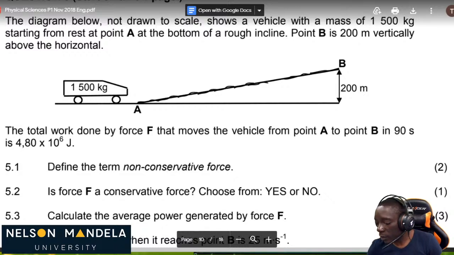So we'll say the total work done plus the work done by friction plus the work done against the weight of the object in moving from point A to point B, which we can call WG, the work done on the mass in lifting it up to a height of 200 meters, should be equal to the change in kinetic energy.